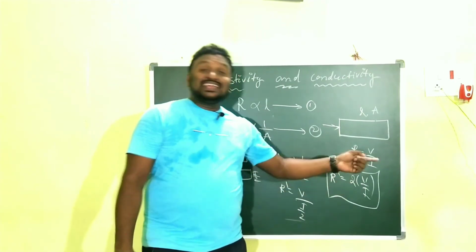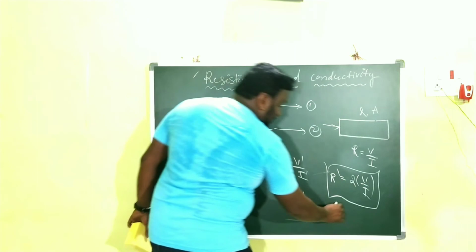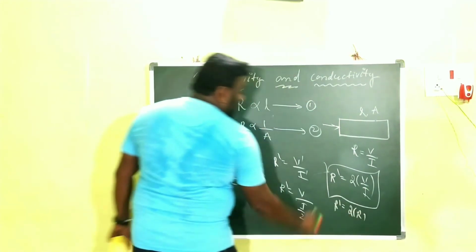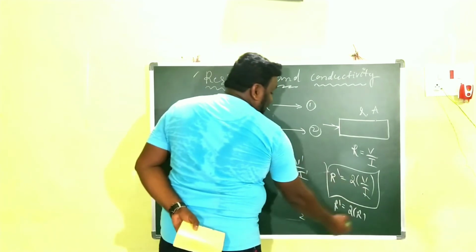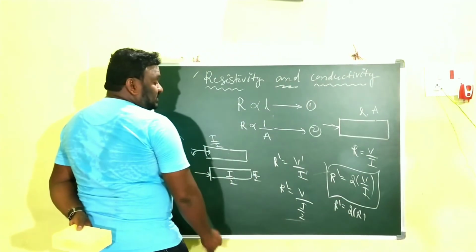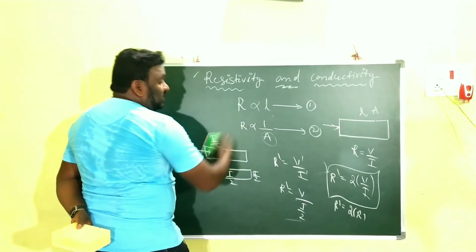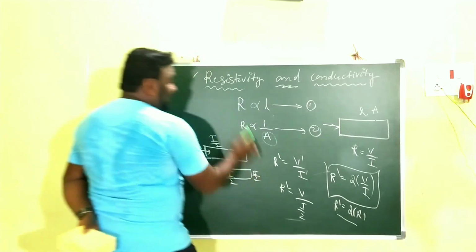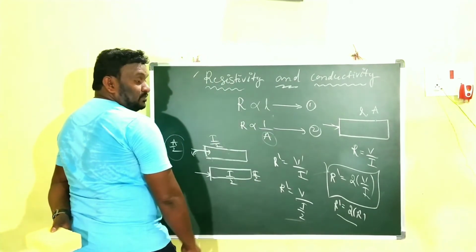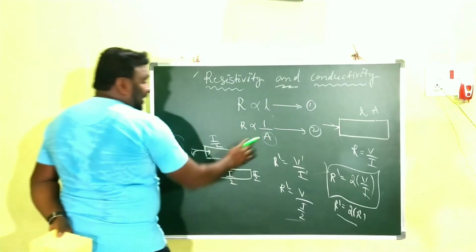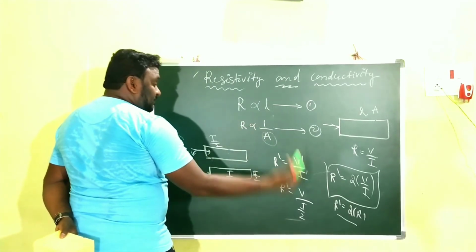The R dash value is increased. How can we write it? R dash is equal to 2R, because V by I means R. That means when the area is reduced to half, the resistance is doubled. That's why they are inversely proportional. Clear, children? R is proportional to 1 by A, and R and A are inversely proportional.